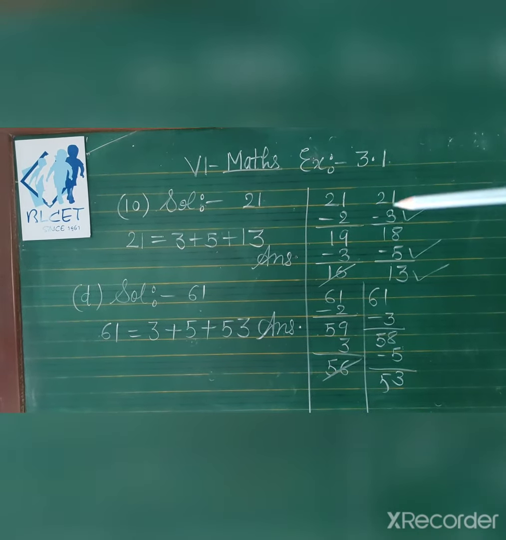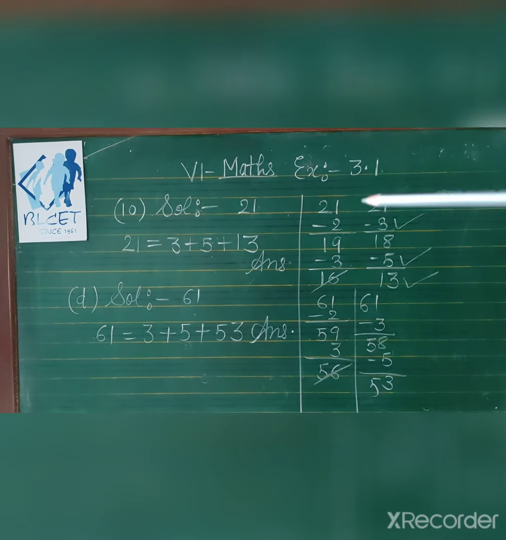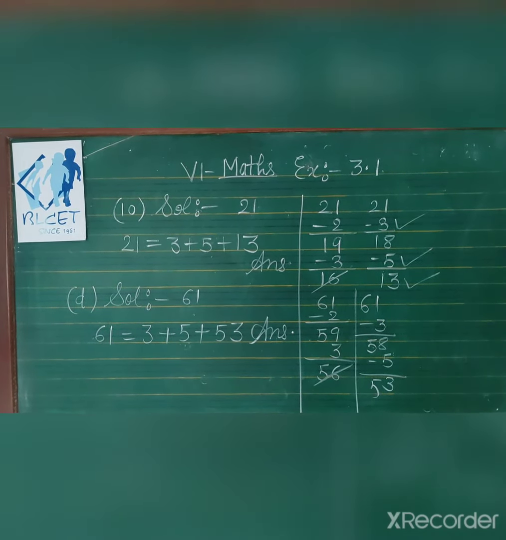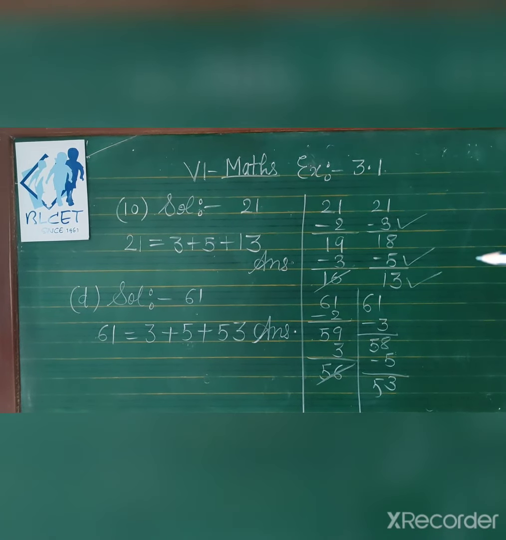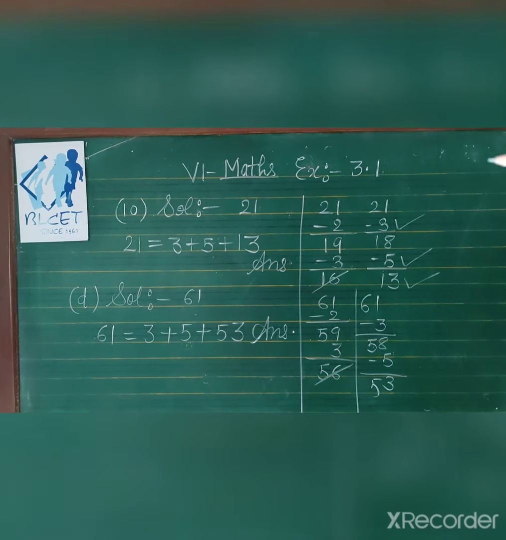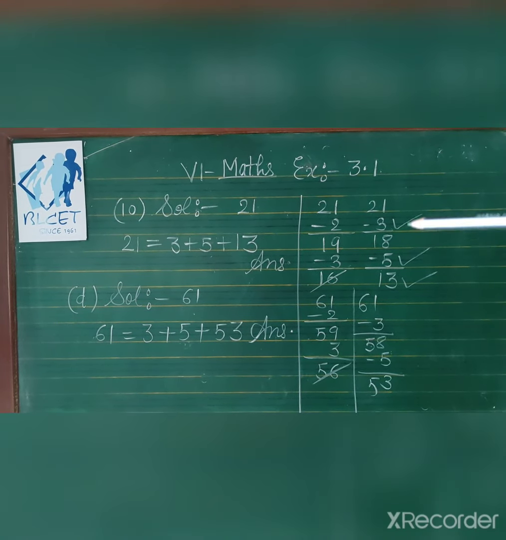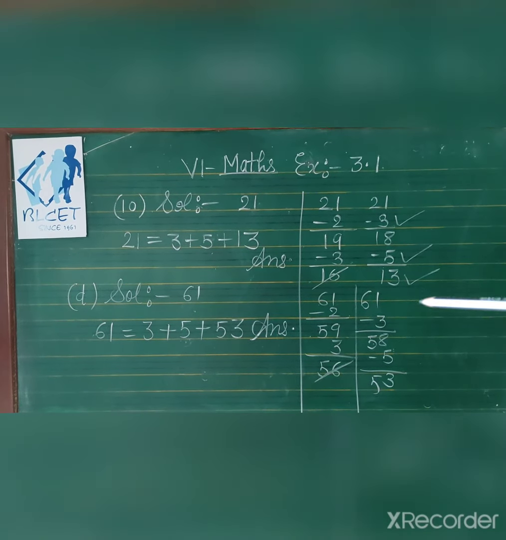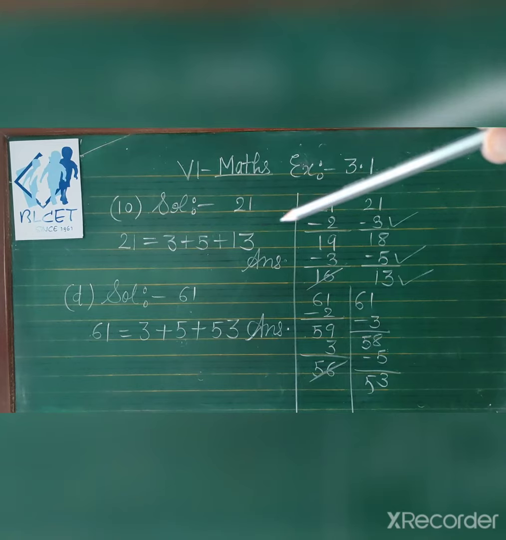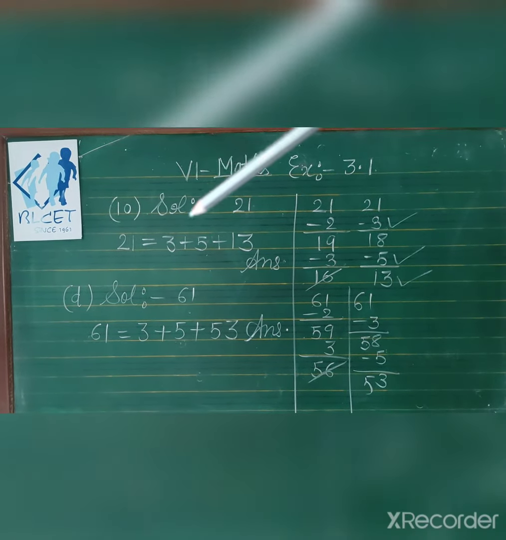But I am showing you, so it is a mistake, because we have to write this number as the addition of 3 odd prime numbers. So 21 minus 3 is 18, 18 minus 5 is 13. So we are getting 3 odd prime numbers. So we can write 21 as the sum of 3 odd prime numbers, that is 3, 5 and 13.